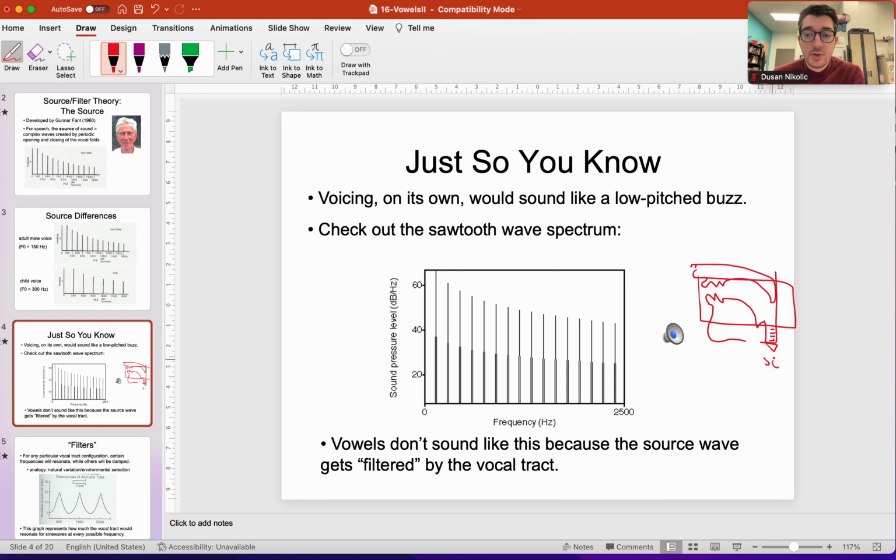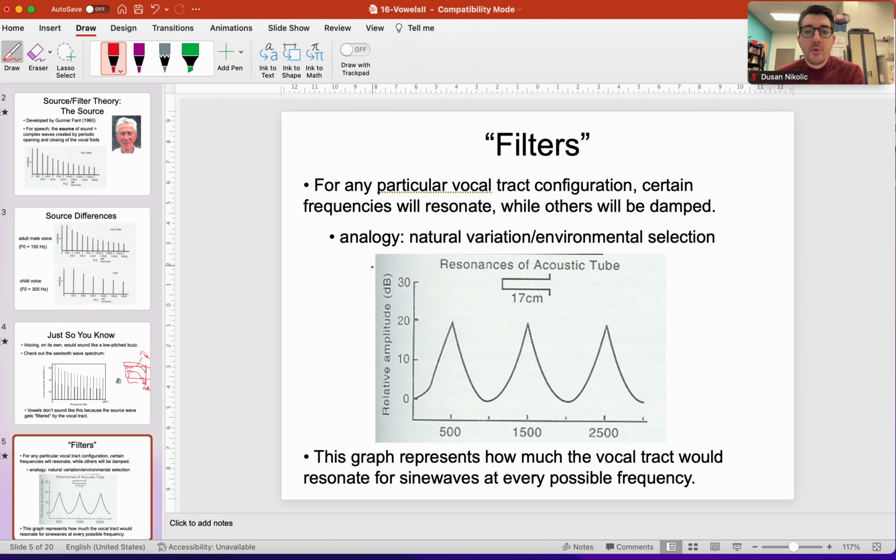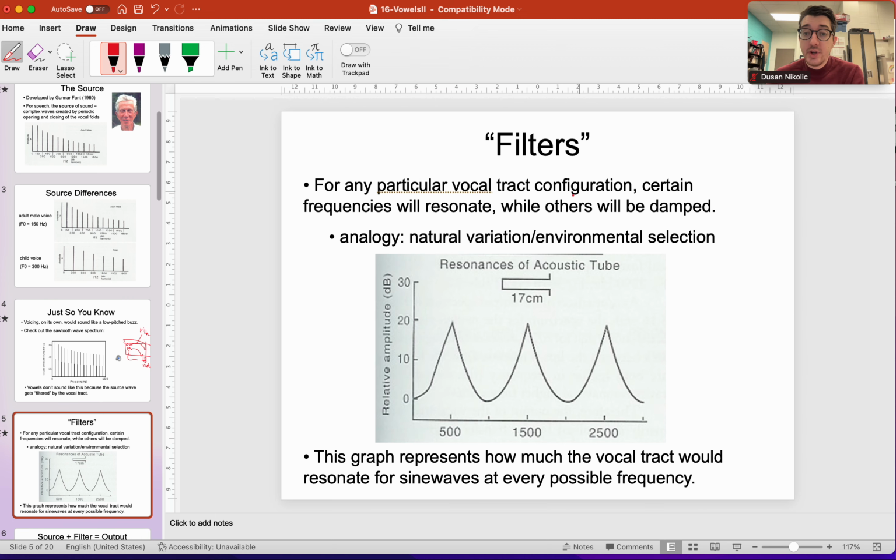This would be the source, and this would be the filter. The harmonics are filtered, which means that some will be amplified and some will be dampened. So for any particular vocal tract configuration, certain frequencies will resonate while others will be damped.